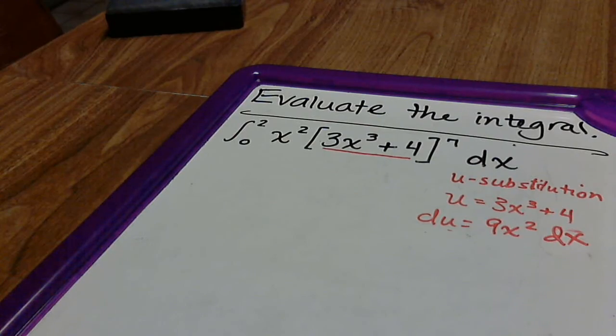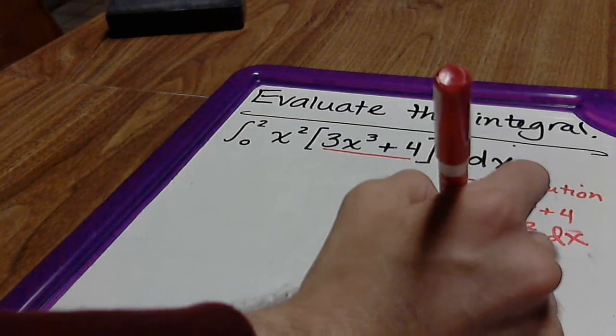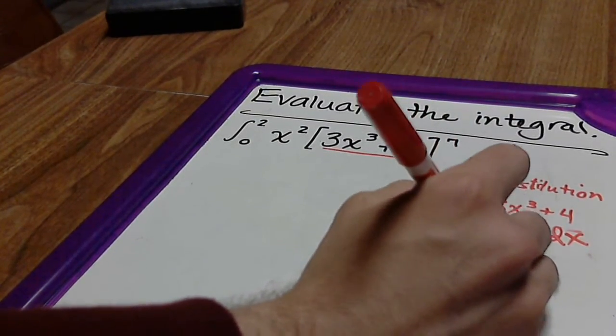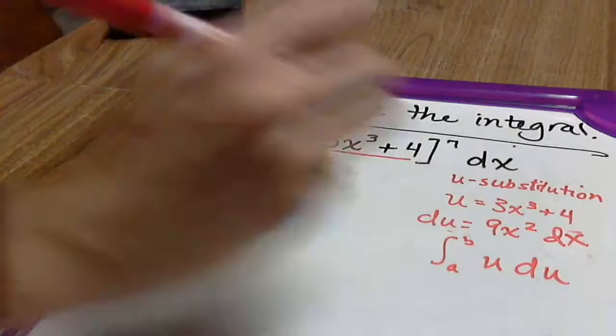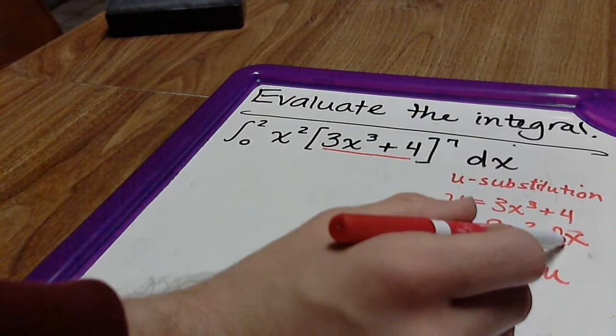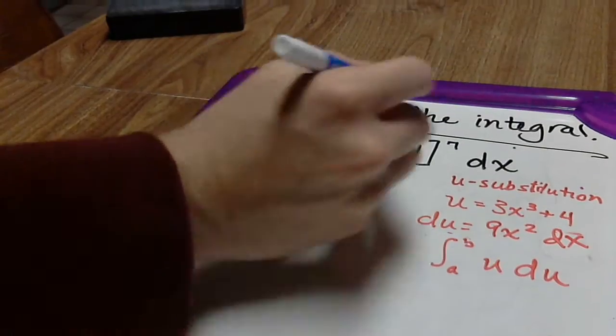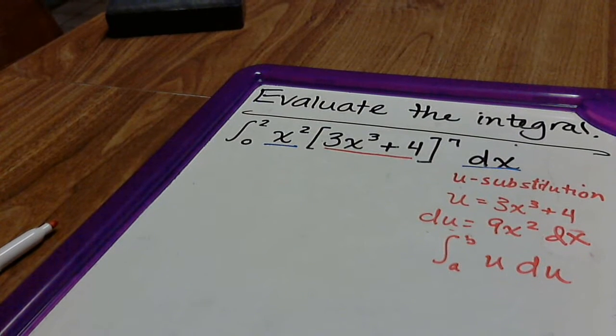So I want to somehow get this in the form of the integral from a to b of u du. I've got my u part, the 3x cubed plus 4, and I know du is 9x squared dx. Well, I've got the x squared and the dx, but I need to somehow get a 9 in there.